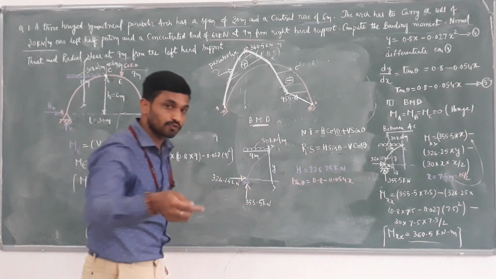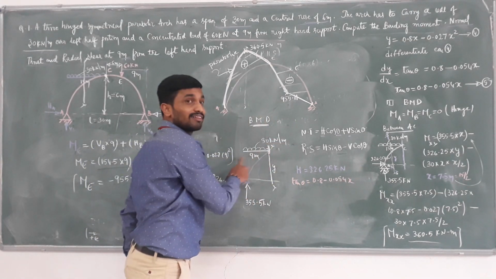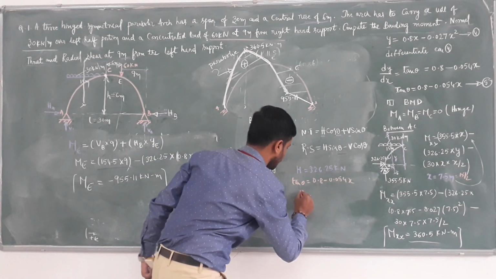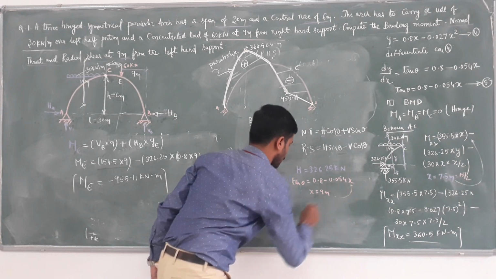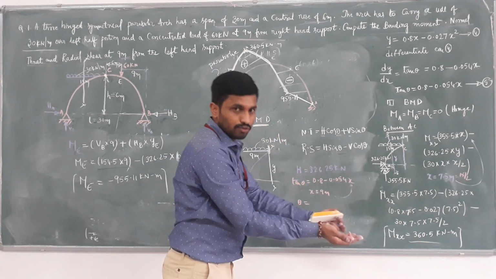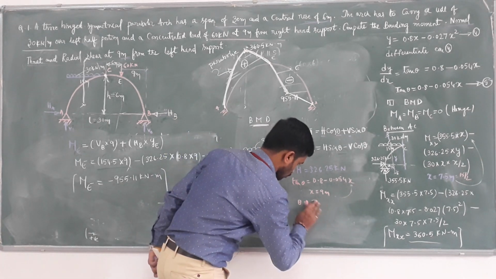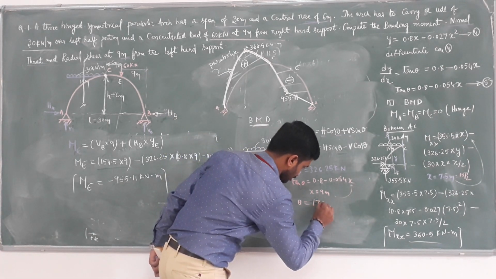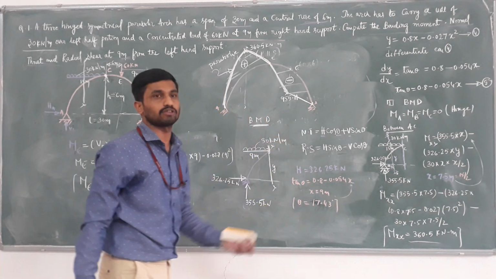At what distance do we have to compute the radial shear and normal thrust? At x equal 9 meter. Substituting in this equation, theta equals tan inverse of some value. Theta is equal to 17.43 degrees.